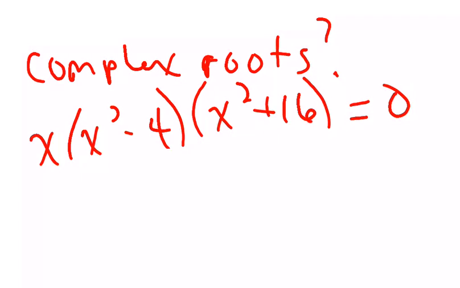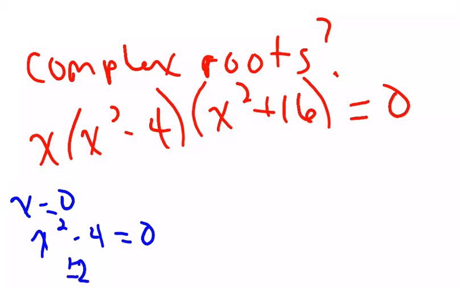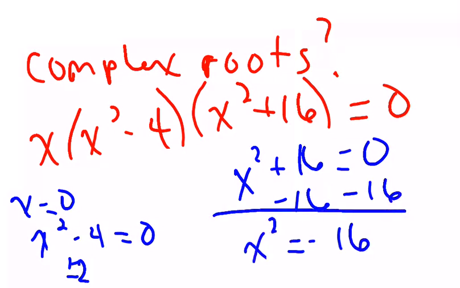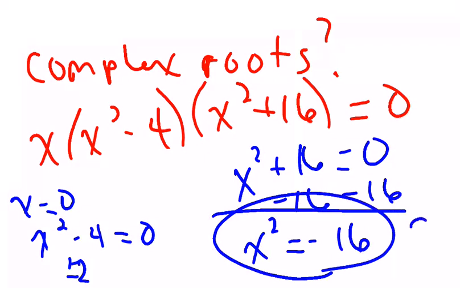Looking at this, if I set x equal to 0, x equals 0, that's not complex. If I have x squared minus 4 equals 0, we saw this one, those gave us plus or minus 2, those are real. So our real focus is here, x squared plus 16. If I subtract 16, now I see that I will be taking the square root of a negative, and so therefore I will have 2 complex roots.